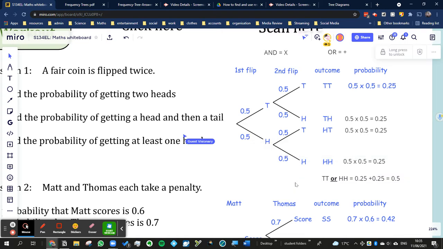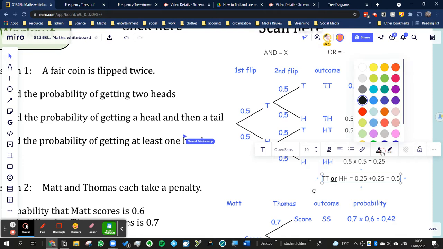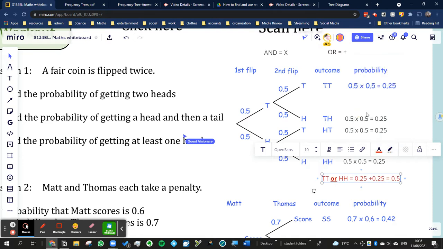Let's try to understand this answer in a different way. We can ask the question, what's the probability of it being any one of these? Well, these are the only things that could actually happen. So the probability of it being this, or this, or this, or this must be 1. In other words, it must be certain.